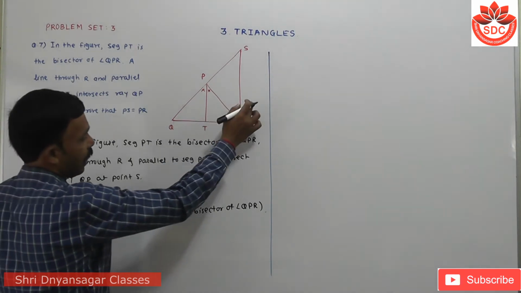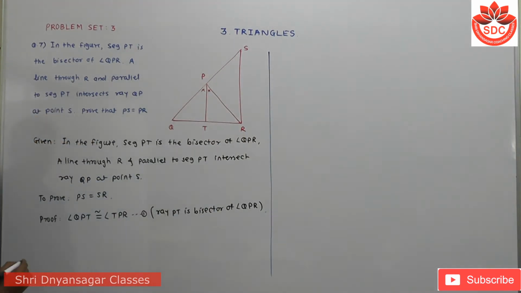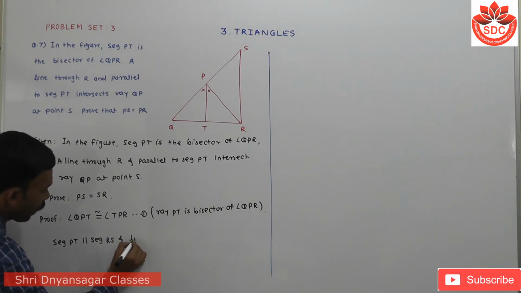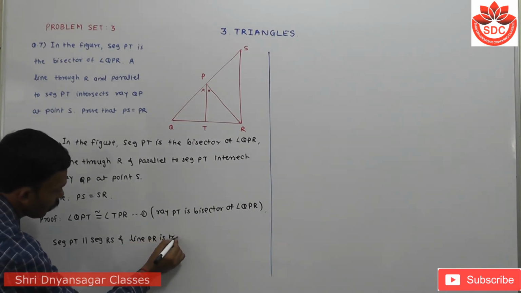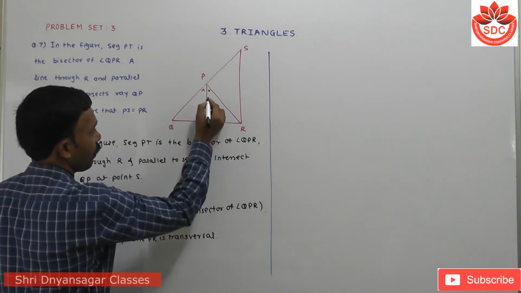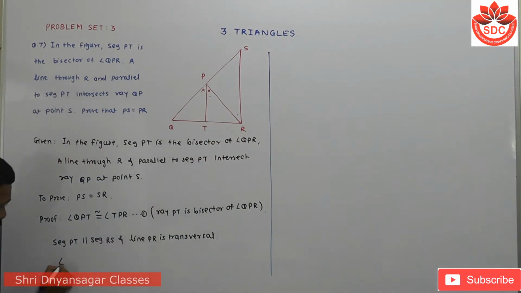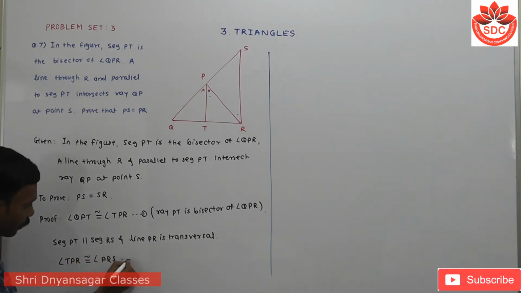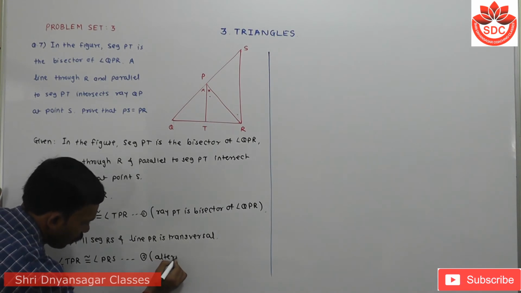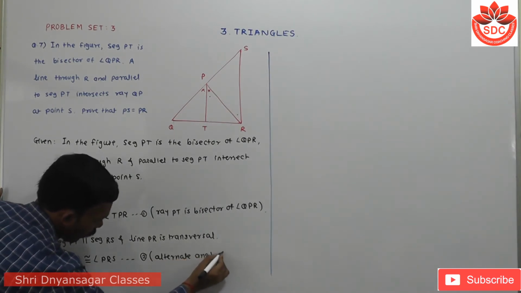Then look carefully, these two segments are parallel and this is the transversal. At that time I have to write here, therefore segment PT is parallel with segment RS, and alternate angles.